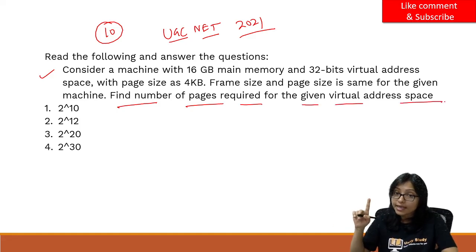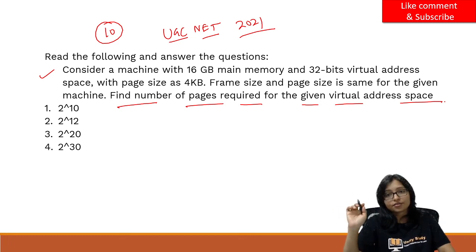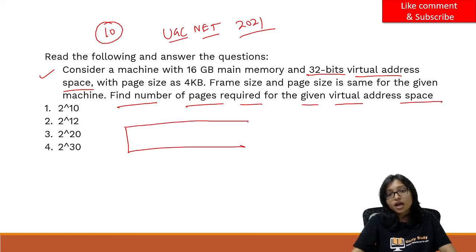How many pages are required for the virtual address? How to do it? Here a 32-bit virtual address space is given. Here a total of 32 bits is given. In this 32-bit, some are allocated for the page number, some for the offset.